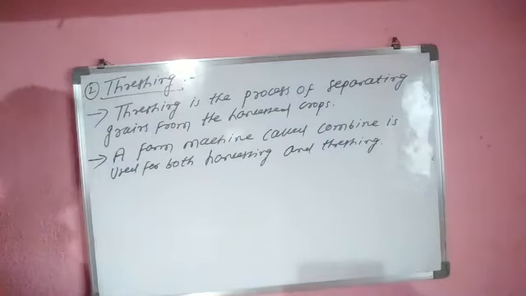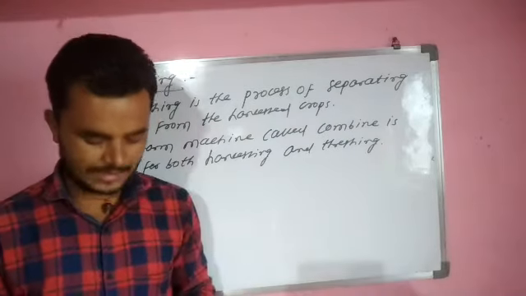A farm machine called combine is used for both harvesting and threshing.